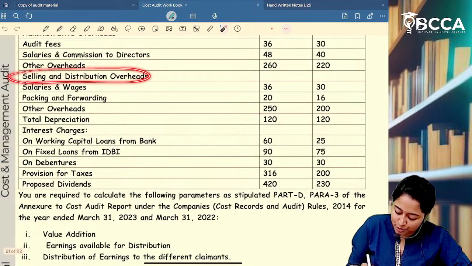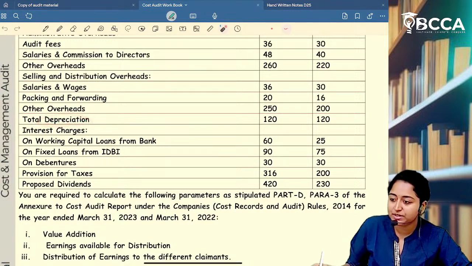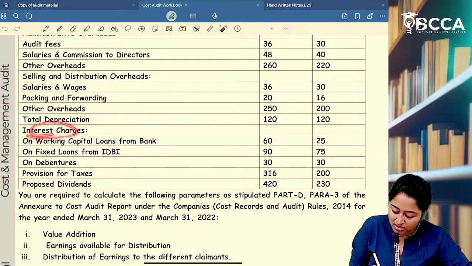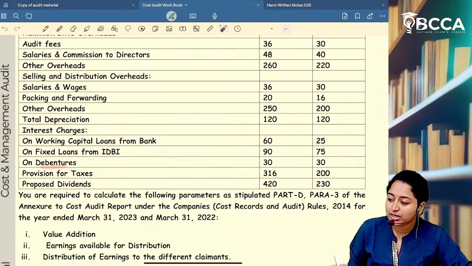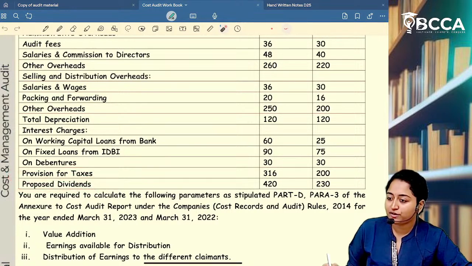In selling and distribution overheads, salaries and wages, packing and forwarding, and other overheads are given. At last, total depreciation is given. And coming to interest charges on working capital loans, fixed loans and debentures, provision for taxes, proposed dividend, all kinds of information are given.